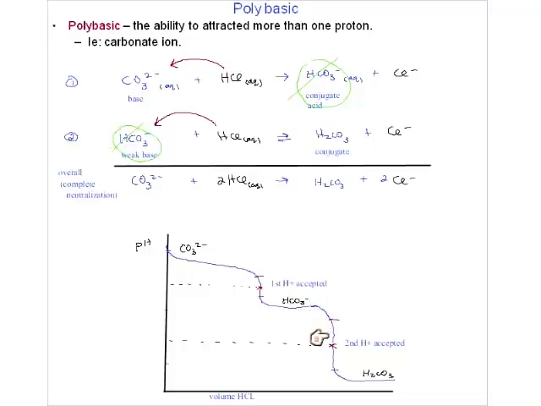Then we add the second hydrogen, and then H2CO3 is present in a large amount because it's in excess along with the hydrochloric acid. Okay, so we also now have some excess H3O+ from the hydrochloric acid. There we go.